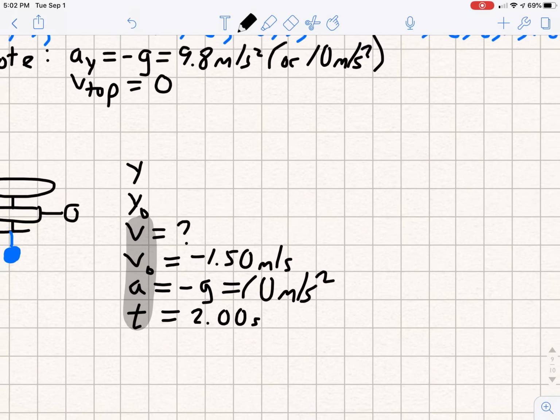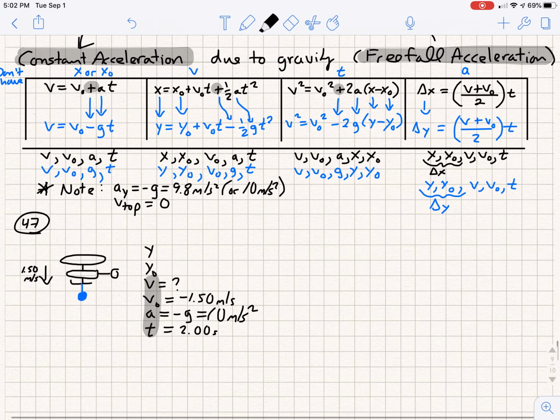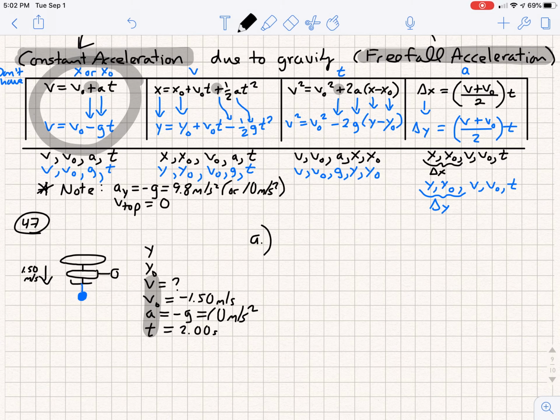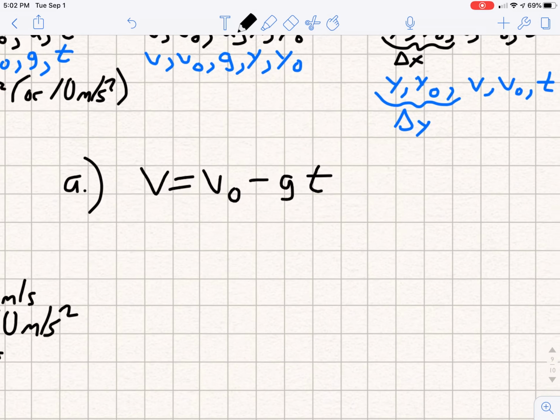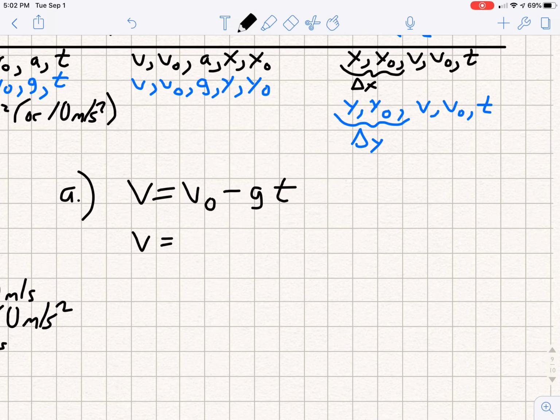Using that list right there, we can see the first equation is going to be the most helpful. So for part A, v equals v naught minus g t. Plug in. v equals negative 1.5 minus 10 times 2.